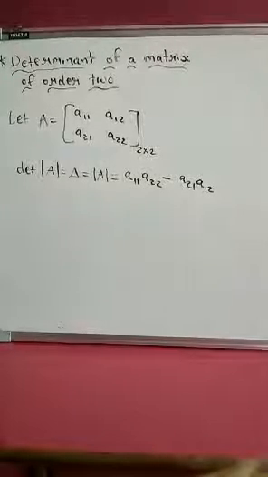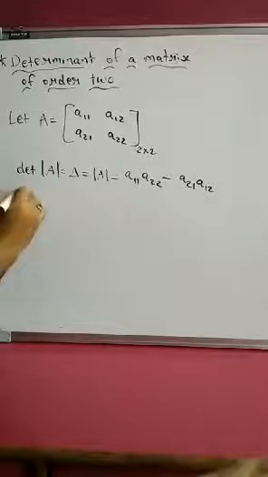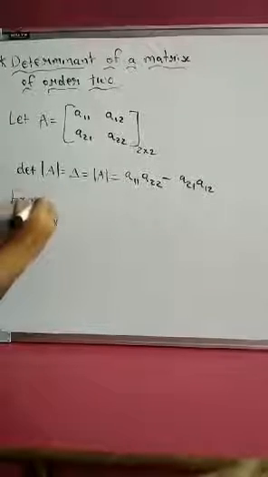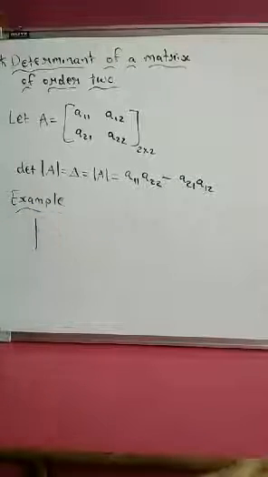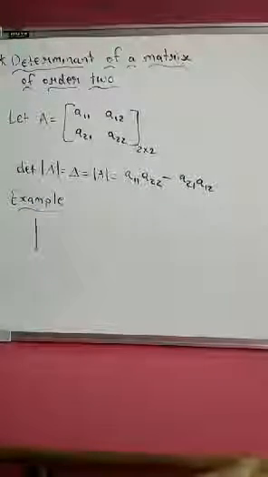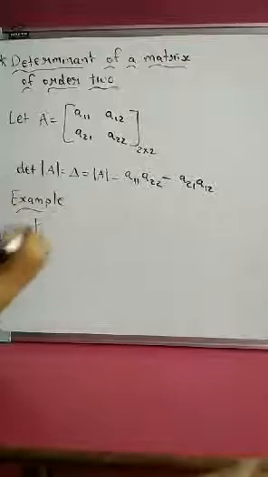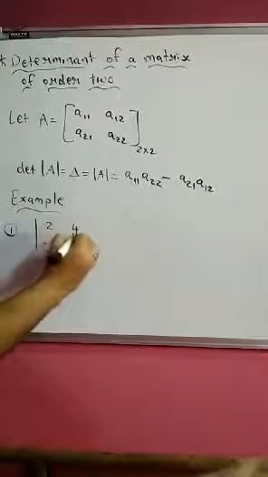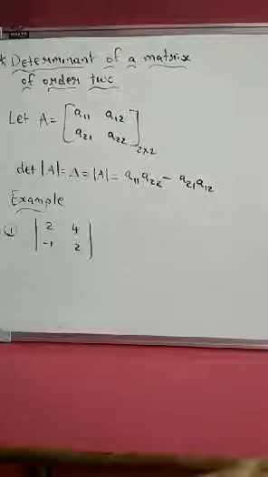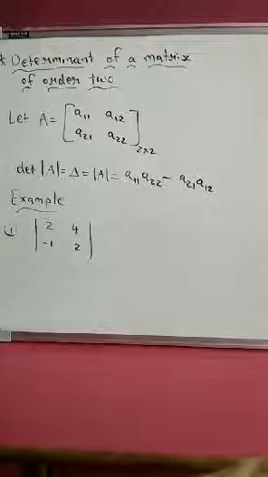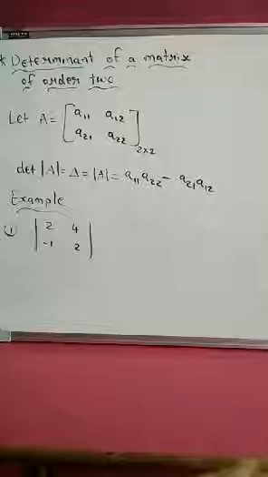Now I will tell you one example. Suppose you want to find the value of the determinant with rows 2, minus 1 and 4, 2. Same way as this, your question will be to find the value of the determinant.